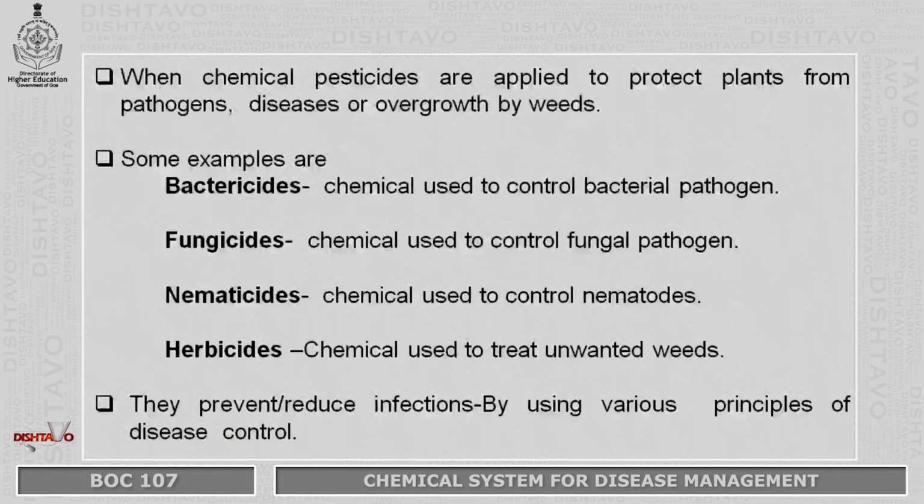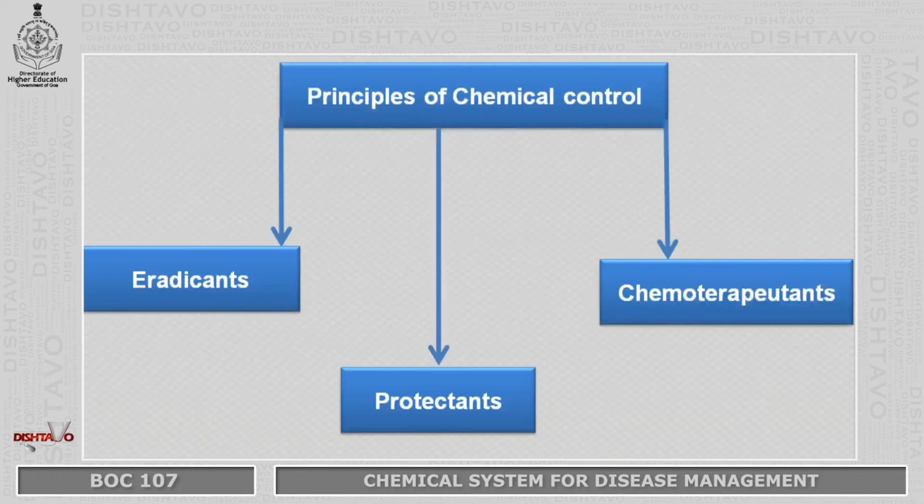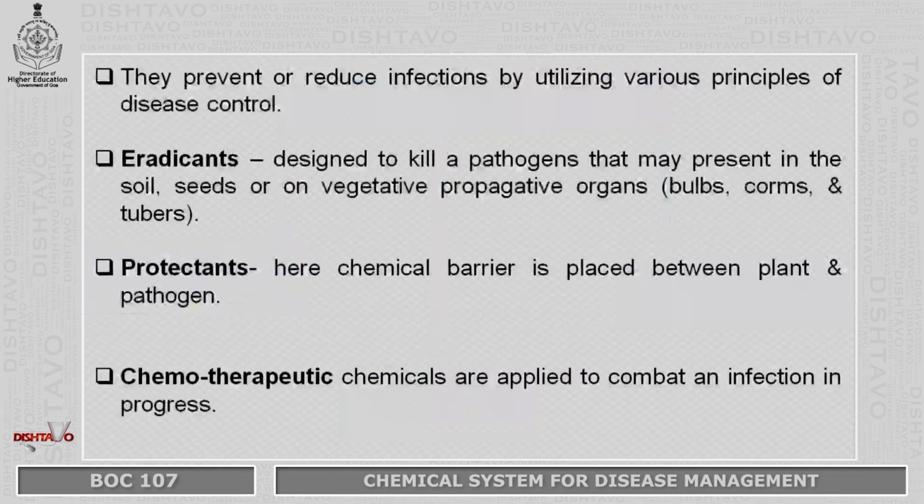Now there are three important components of this principle of chemical control. First we have eradicants, next protectants, third chemotherapeutants. Now we will see what are eradicants. Now these eradicants are chemical compounds which are designed to kill pathogens that may be present in the soil, seed or vegetative organs such as bulbs, corms and tubers.